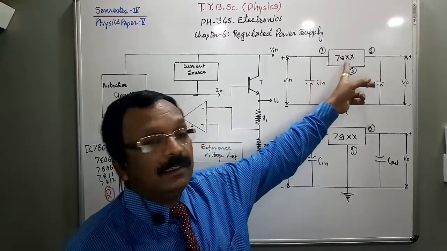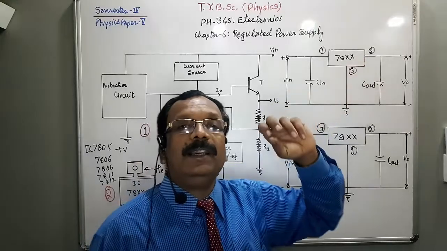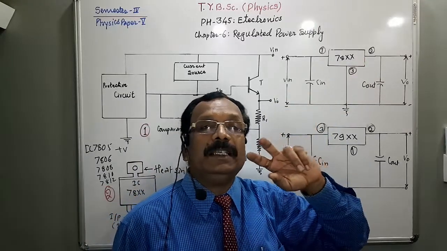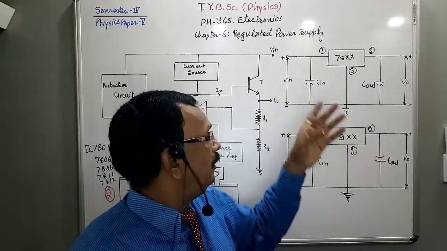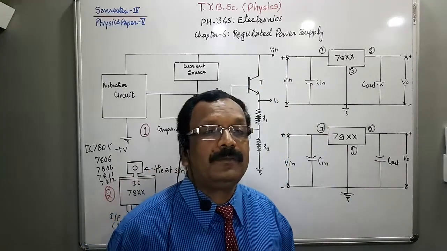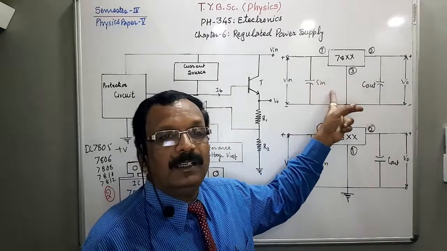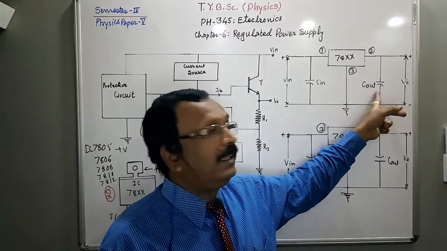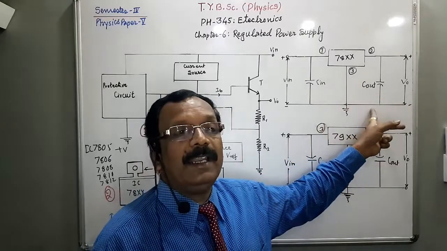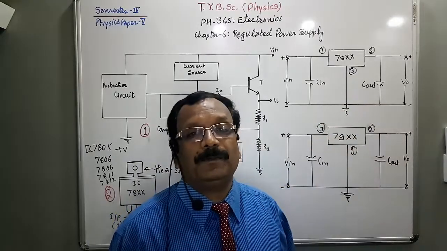This IC 78 series gives regulated output voltage even when the input voltage varies. The input capacitor C in and output capacitor C out are connected to ground directly to maintain the output DC voltage properly.